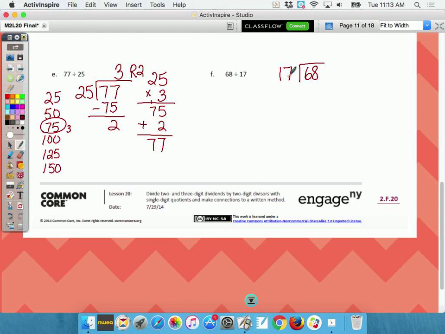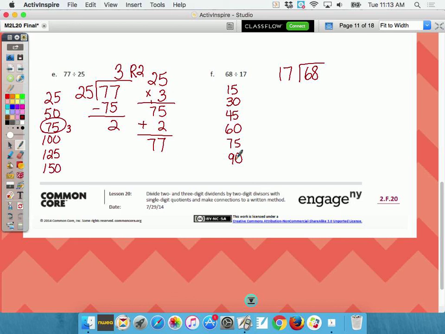So help me skip count. I know it's 15, 30. What's 30 plus 15? 45. What's 45 plus 15? 60. Then 75. Now, if you can memorize that 15 times 6 is 90, it will simplify your life.